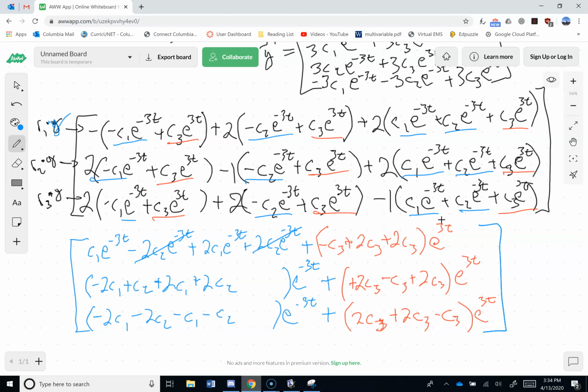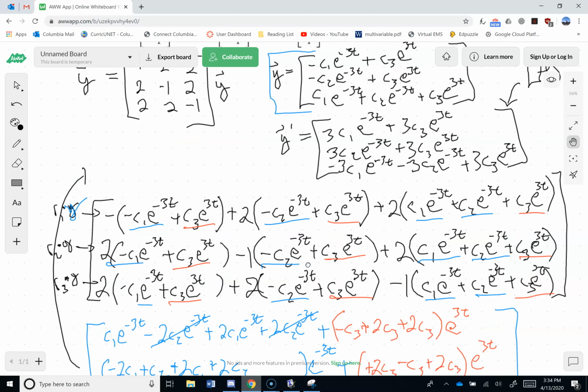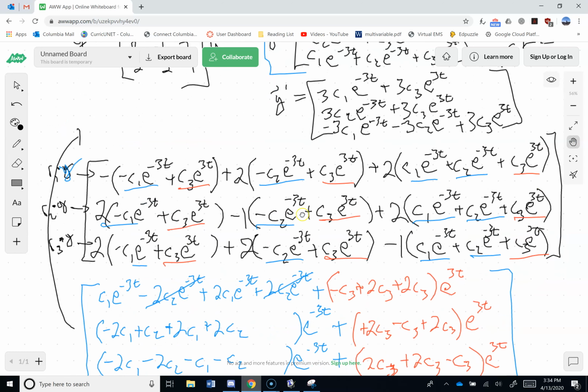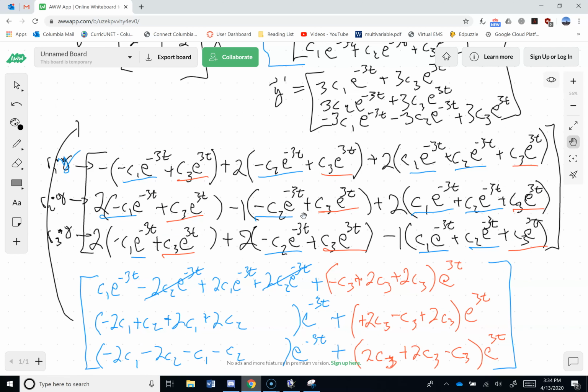And if I combine like terms through that, all told, I'm moving back up here so it can be in a spot where I can see my y prime. I got a 3c1 e to the minus 3t plus 3c3 e to the 3t.